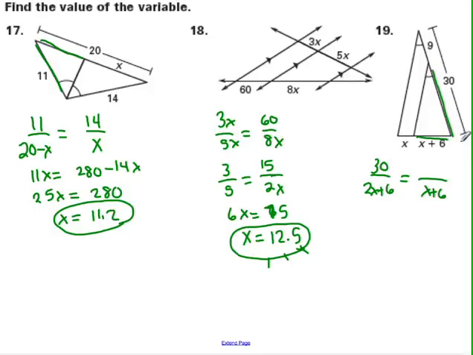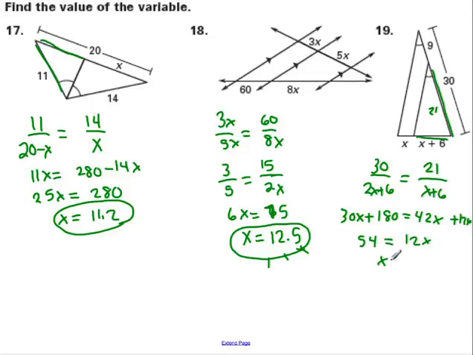Well, the whole thing is 30, and if this top part's 9, it means this part here has to be 21, so I'll take 21 right there. When I cross multiply, that could be 30x plus 180 equals 42x plus 126. I don't know if that fits on there. That would give me 54 equals 12x, or x equals 4.5.